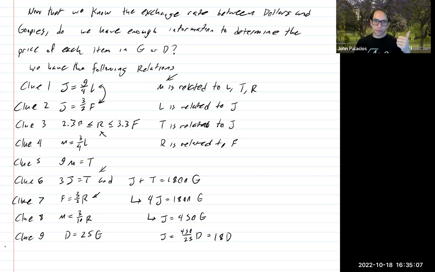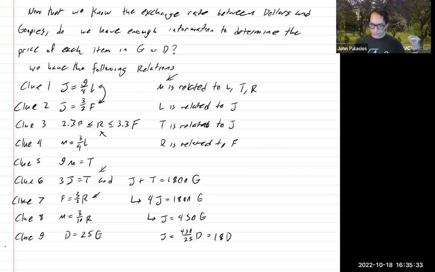And the price of a flashlight is related to the price of a jacket, and the price of a tank is also related to the jacket, etc. So you can see that there's interconnectedness between the various relationships. You could probably build up a number of arithmetic relations between each of these prices. But what you need is to determine the actual goopy value of something.